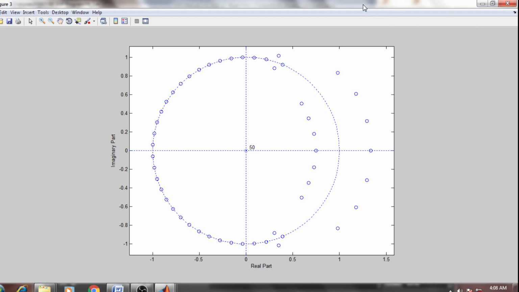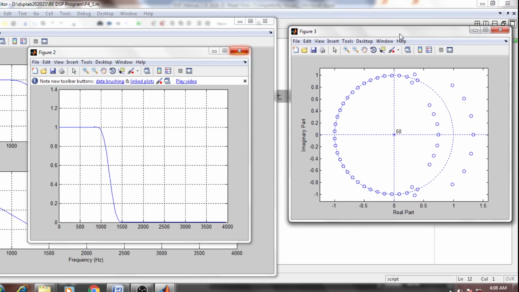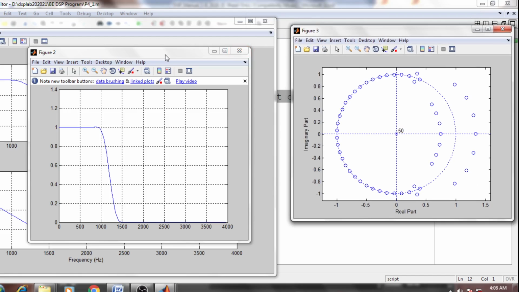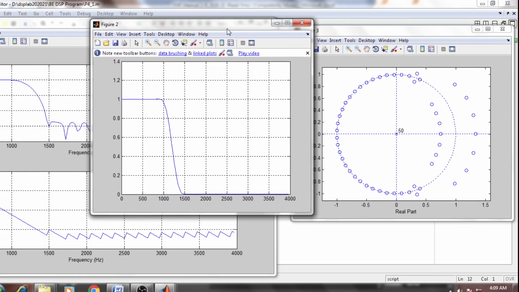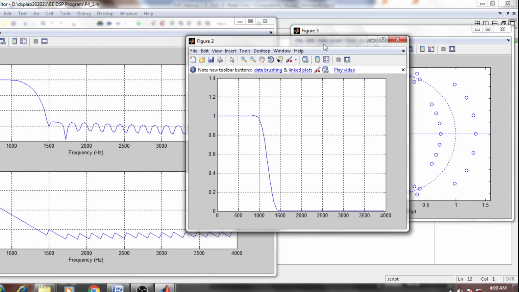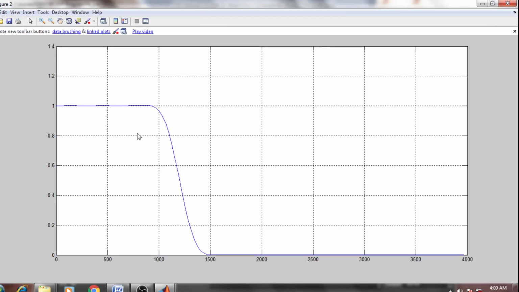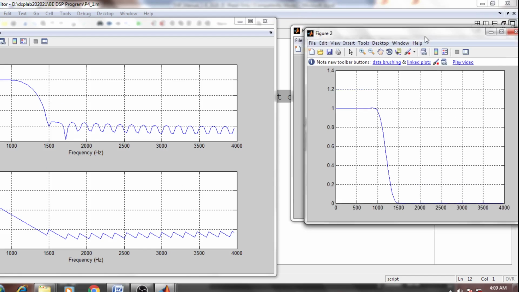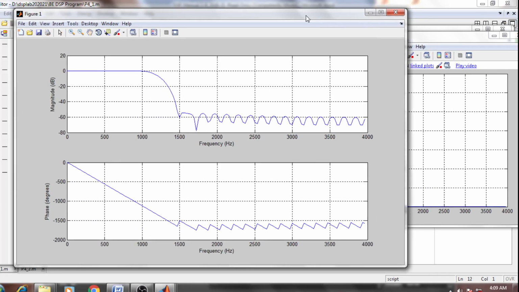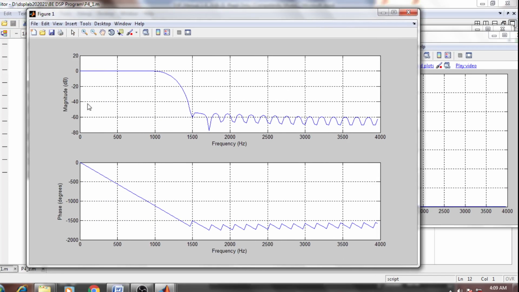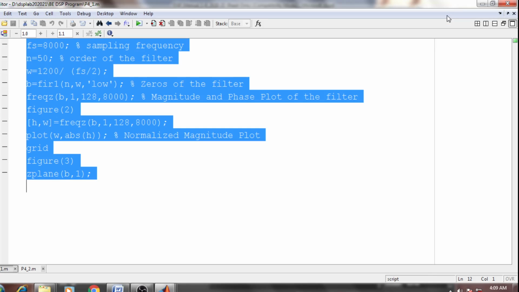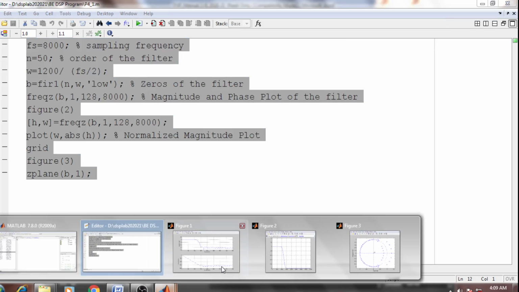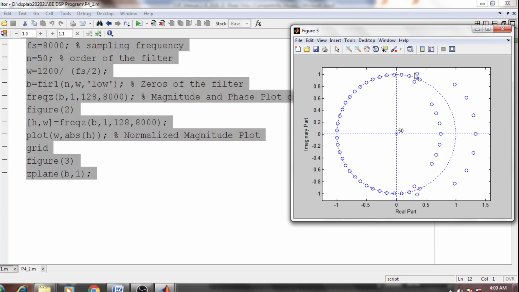So here you can see these three graphs. The first graph is narrated as a low pass and high pass filter, pass band and stop band. The second is showing you the phasor diagram, where you will see the magnitude and phase plot, and the third one is representing a Z plane.